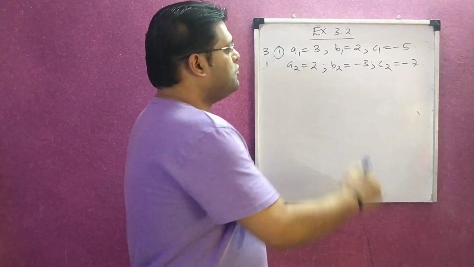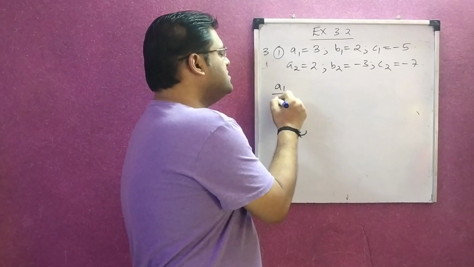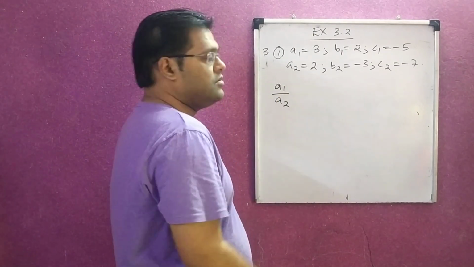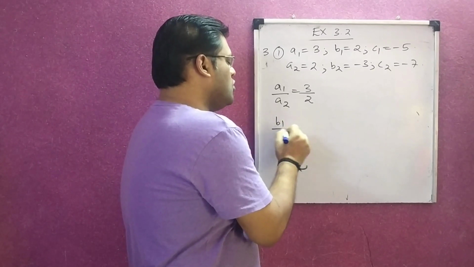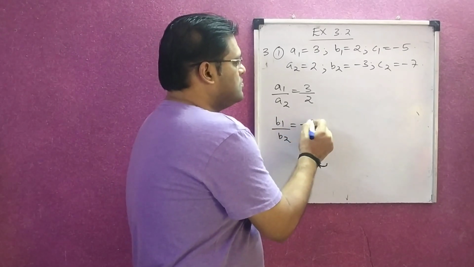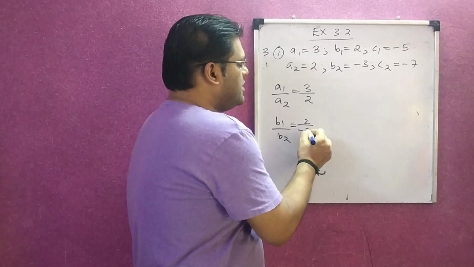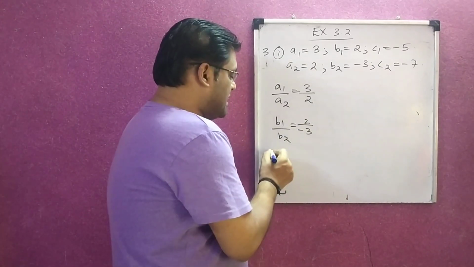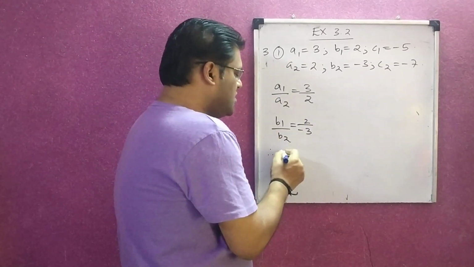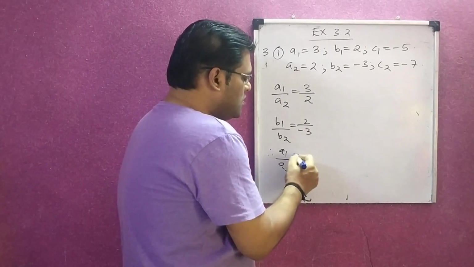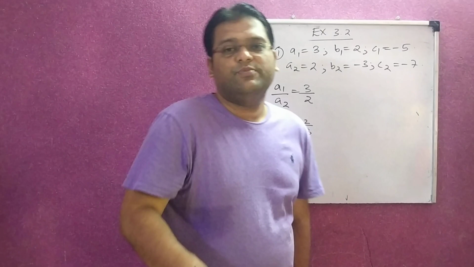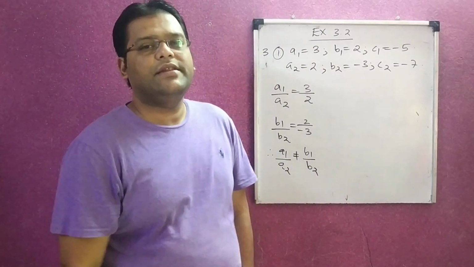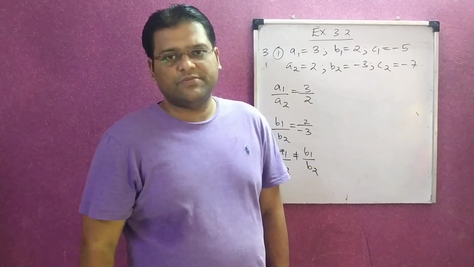So what I am going to do is, first look for A1 upon A2. That is 3 upon 2. B1 upon B2 is 2 upon minus 3. That means I see the first two ratios, A1 upon A2 is not equal to B1 upon B2. So as per the previous question, they are representing intersecting lines.